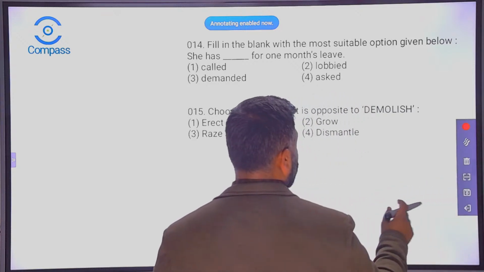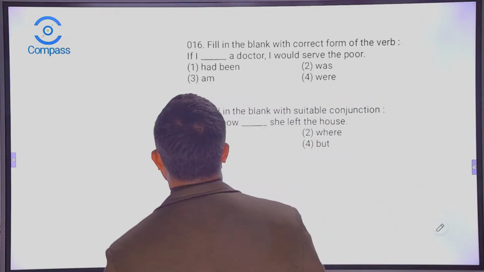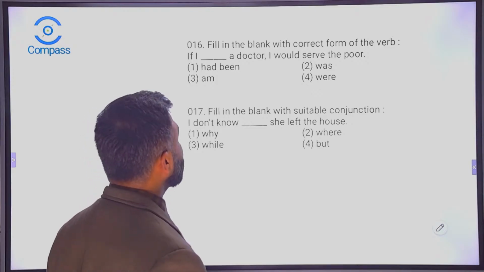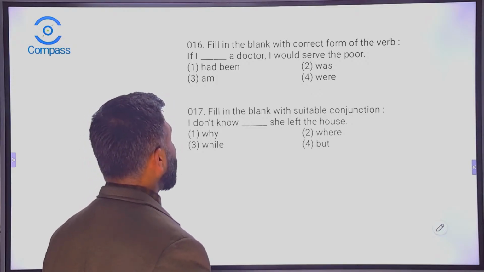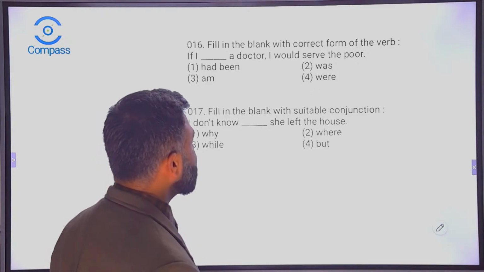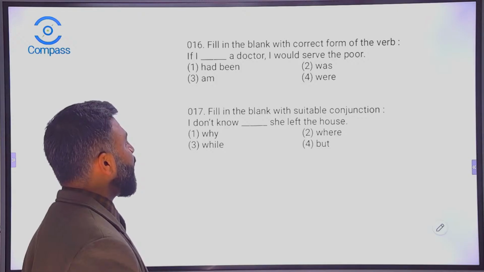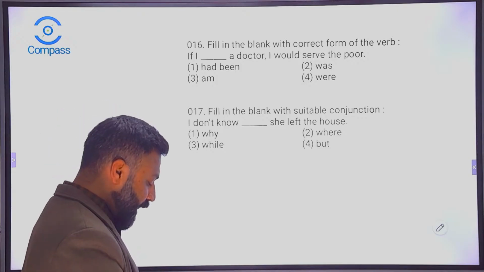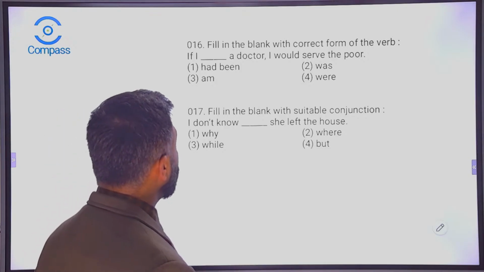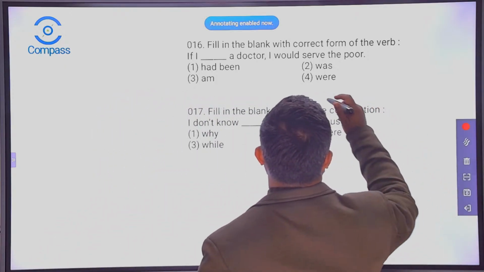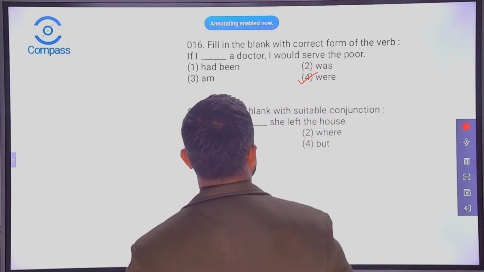Let's see, what do we have next in store? Question number 16, fill in the blank with correct form of the verb. If I dash a doctor, I would serve the poor. All right, so we have some options here: had been, was, am, and then were. Okay, so the right option is going to be were.